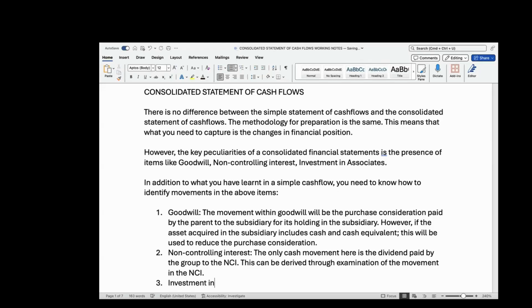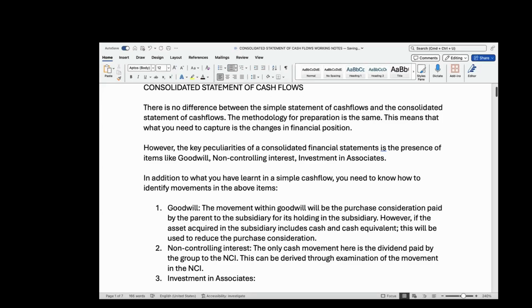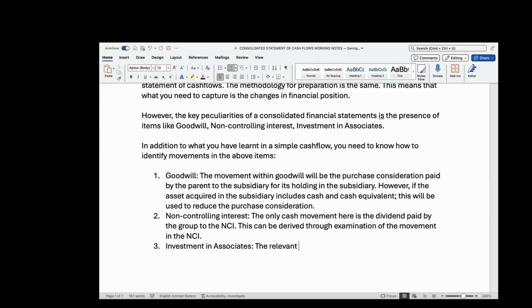And for investments in associates, the relevant cash movements here will be the parent's purchase consideration in the associate, that is, the money he paid to invest in the associate, and also any dividend received from the associate.